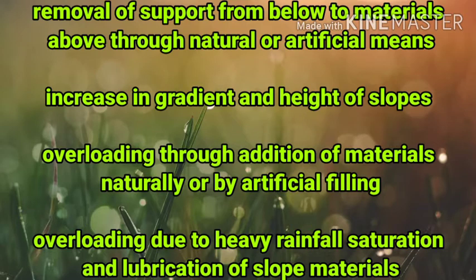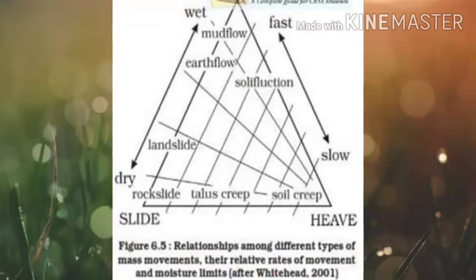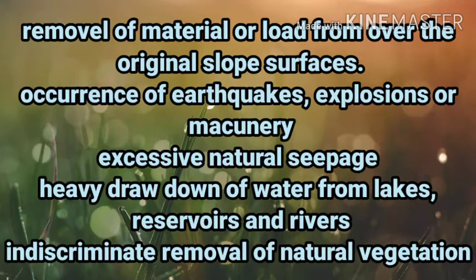First of all, we can include the removal of support from below to materials above through natural or artificial means, and increasing gradient and height of slopes. We can also include overloading through addition of materials naturally or by artificial filling. Means when mass movement is occurring, a few sediments are there, natural or artificial.